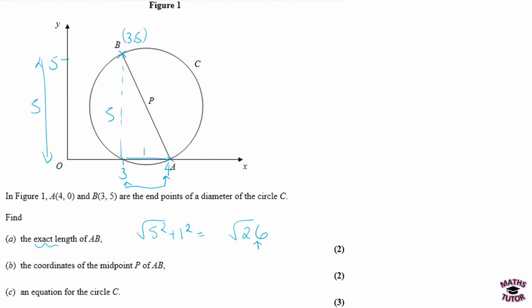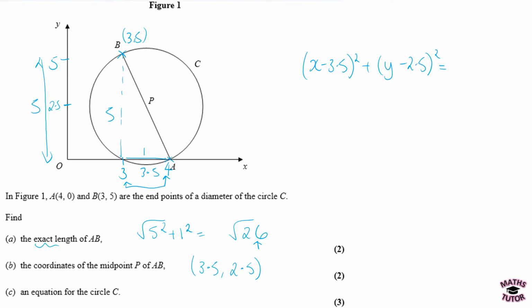Now the coordinates of the midpoint, again you can use the average of the x coordinates, but we can see that what's halfway between 3 and 4 would just be 3.5, and what's halfway up to 5 is going to be 2.5. So the midpoint is (3.5, 2.5). The equation of C is going to be (x minus 3.5) all squared plus (y minus 2.5) all squared is equal to the radius squared.